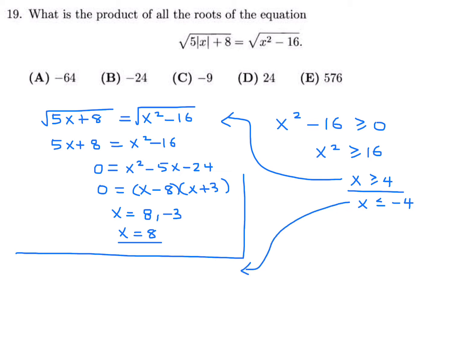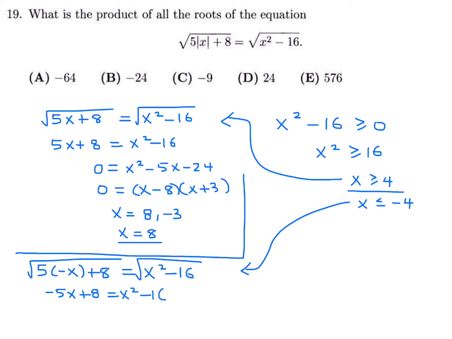The next scenario is when x is less than or equal to negative 4. That makes this original equation equal to 5, this time we have to put negative x plus 8, and that remains x squared minus 16. Square both sides, and you get minus 5x plus 8 is equal to x squared minus 16.